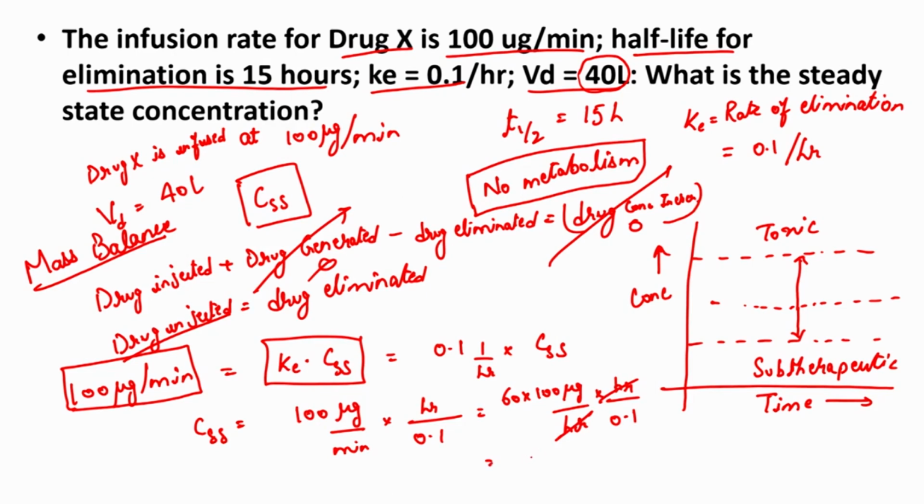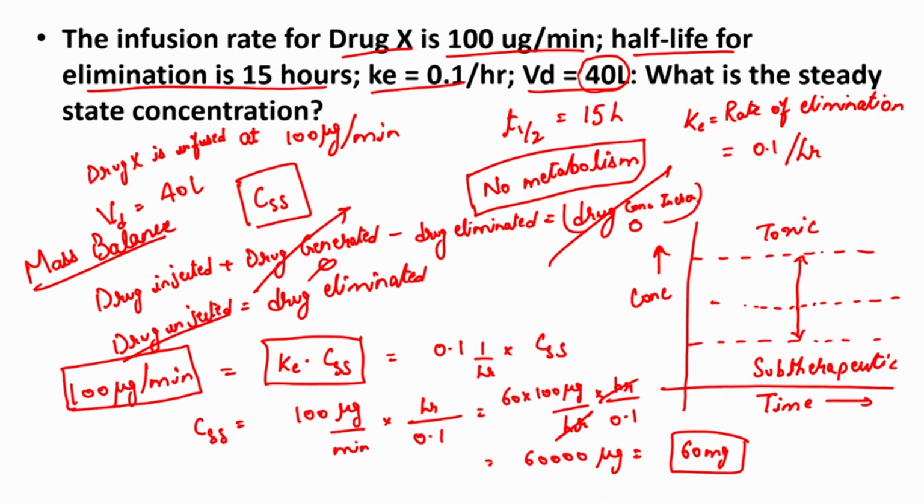So this essentially will become 6000 and then one more 0 µg, which you can convert to milligram. So that will give you about 60 milligram.